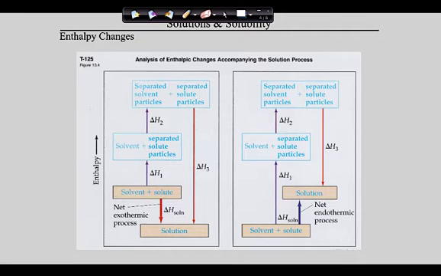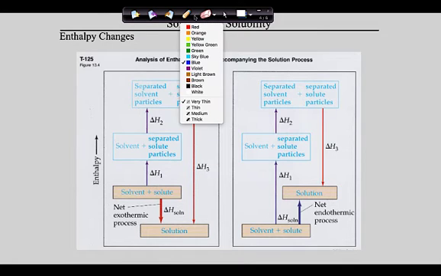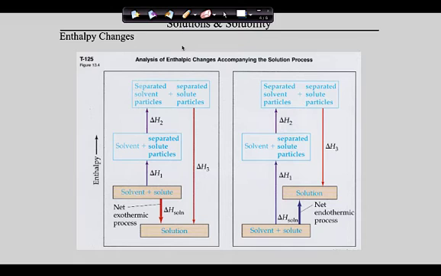So guys, let me show you what we're saying. We're going to go blue. So guys, it goes like this. The idea then is if here we have the solute and the solvent, the first thing we've got to do is break down the solute, then we've got to break down the solvent, then the interactions form, and we end up with the solution forming.